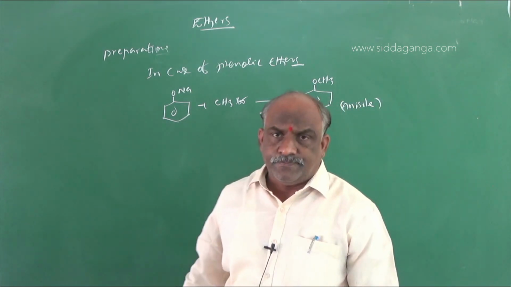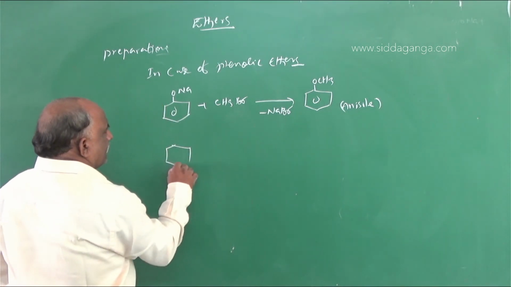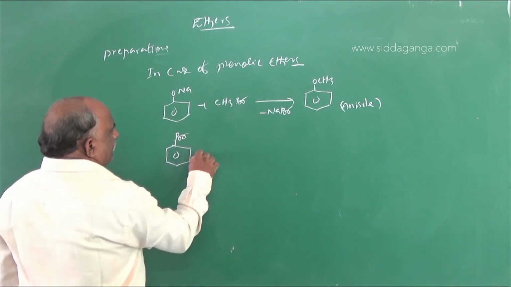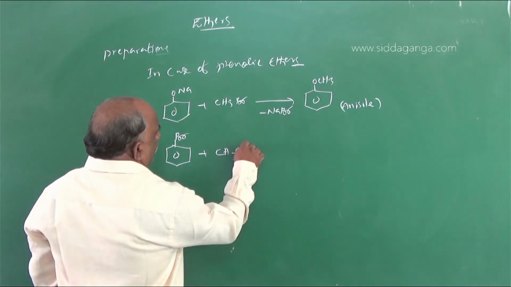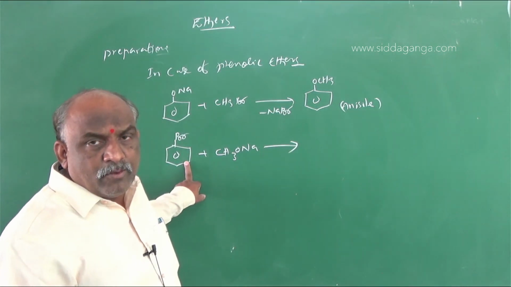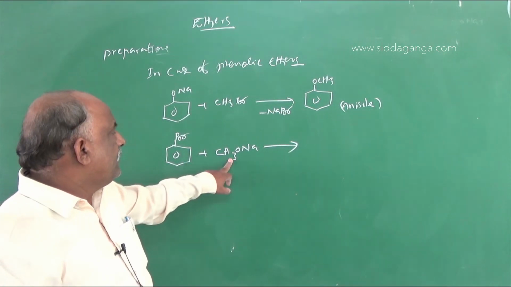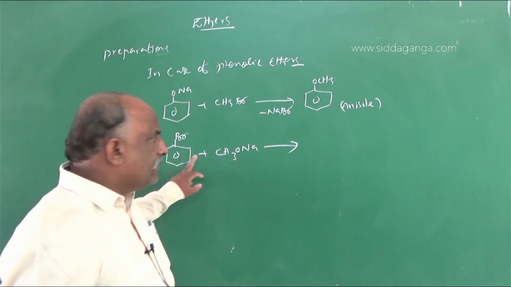Suppose it is Br. What is this? See this: aryl halide, bromobenzene. Bromobenzene is treated with sodium methoxide. Here there is no reaction.